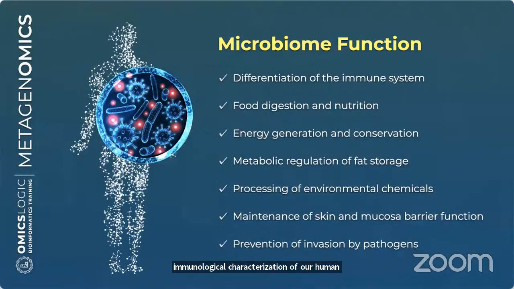And this can be done by understanding the differentiation and maturation of the immune system. This can be done by, for example, understanding the microbial communities' influence on food digestion, on the energy generation, on nutritional levels, metabolic regulation, and control of the fat storage, etc., right?